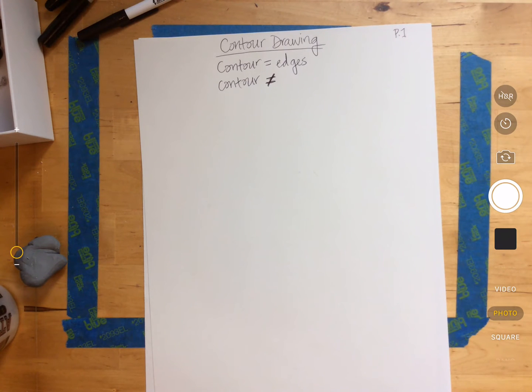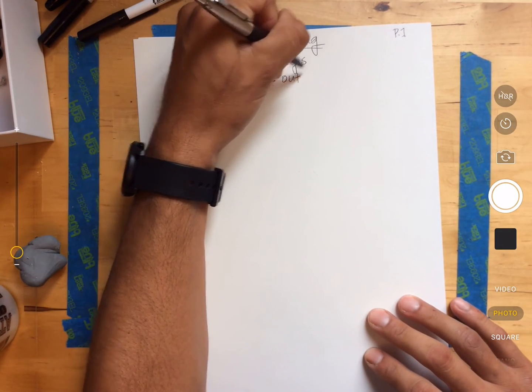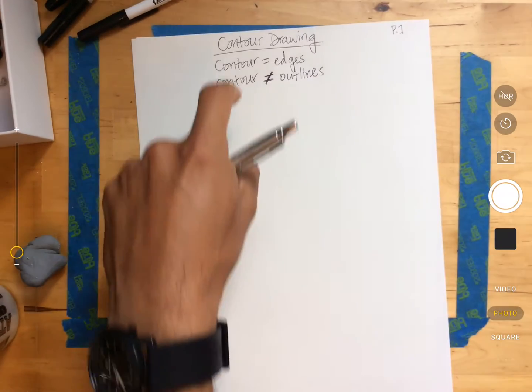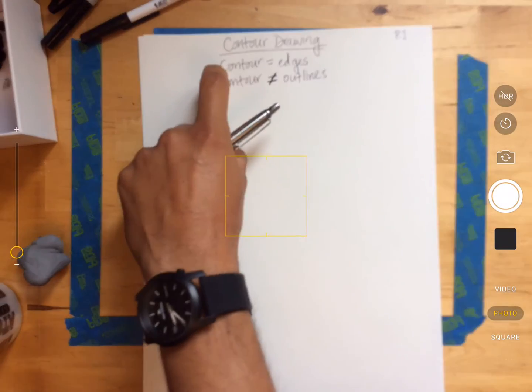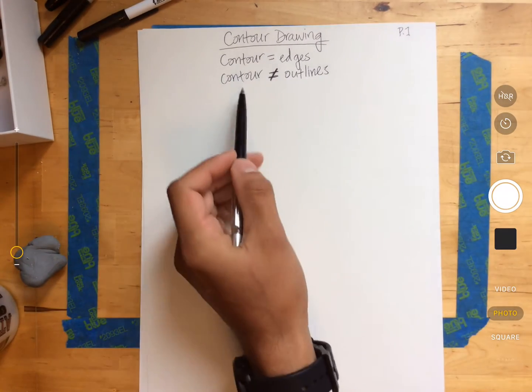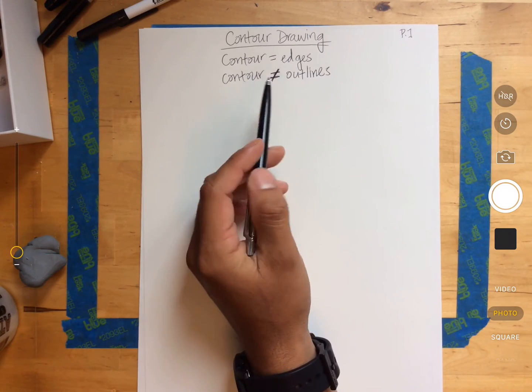Actually, not that close, but what did I say it did not equal? Yes, Kevin. Does not equal outlines. Okay. So have these two things in mind when we're doing this today. Contour equals edges. Contour does not equal outlines. So keep that in mind, please.